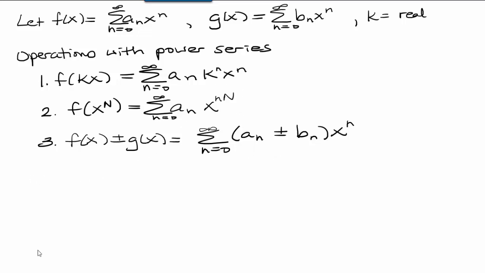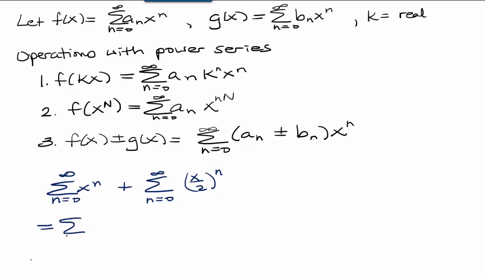So for example, let's suppose that we wanted to add together the series n equals 0 to infinity of just x to the n with the series n equals 0 to infinity of (x over 2) to the n. So we have to get them written in a format where the x to the n's are separate from the coefficients. In this first series, the coefficients are just 1, but I'm going to write that to emphasize that our a sub n is 1 in each case.